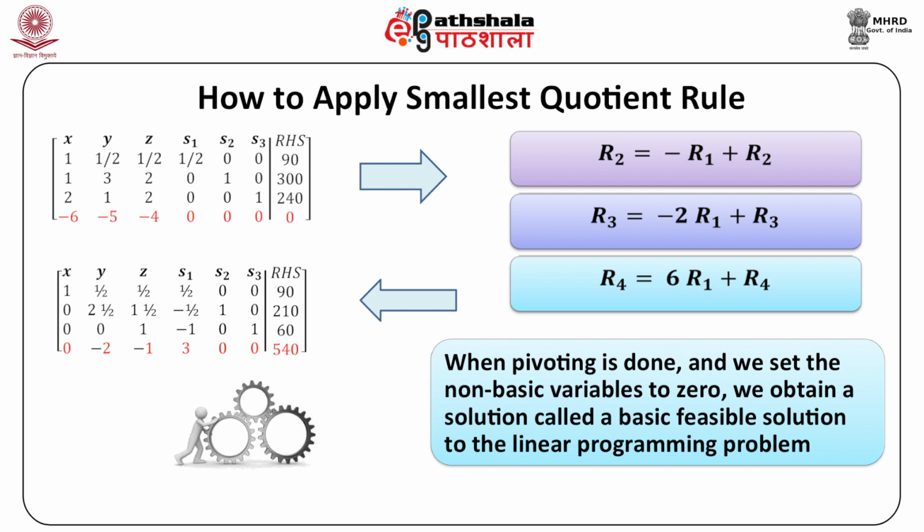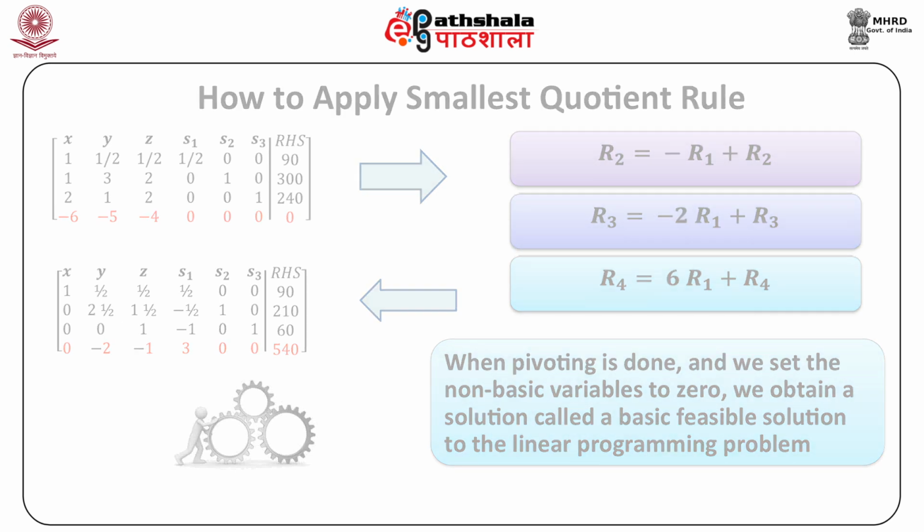However, even this is not optimal as there are negative elements in the last row. If a negative indicator is still present, we keep on pivoting. On the other hand, if no negative indicator is present, the maximum of the objective function has been reached.